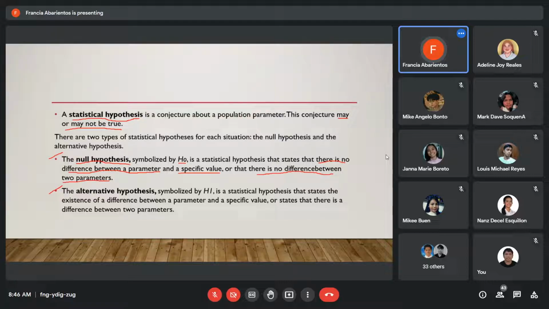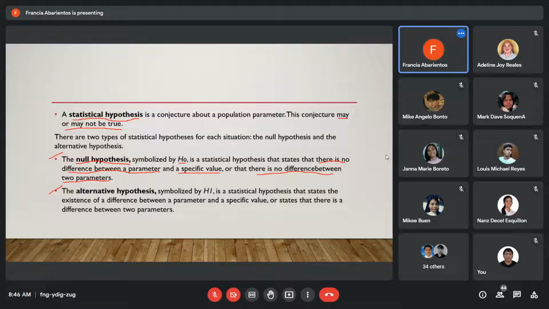So, you will make use of your review of related lit to prove that there is, yun yung you will make use of that parameter that you have read in the review of related lit. Yun yung magiging base point mo kaya magkakaroon ka ng research.